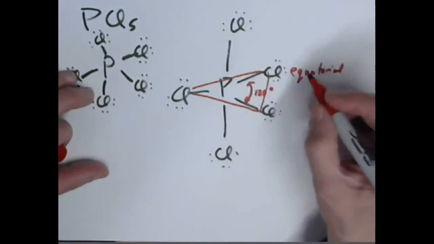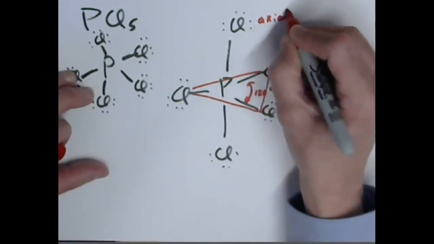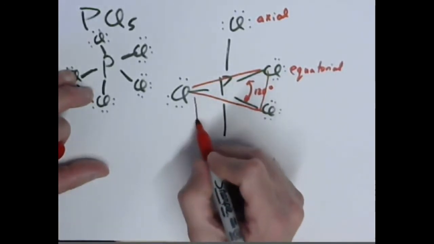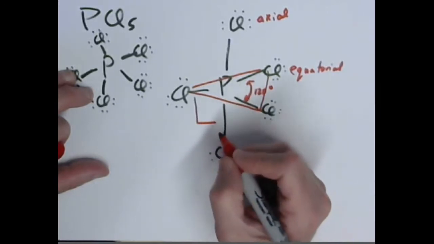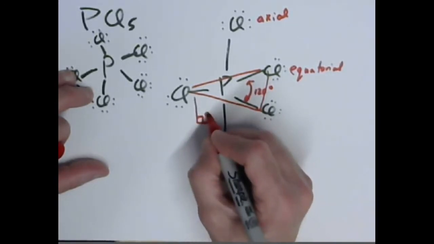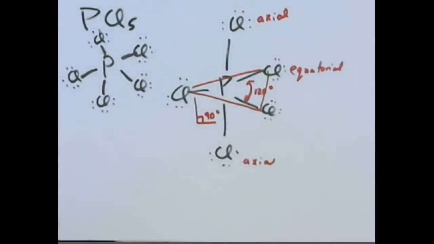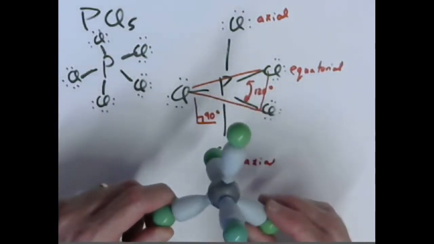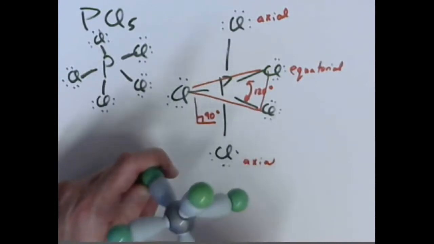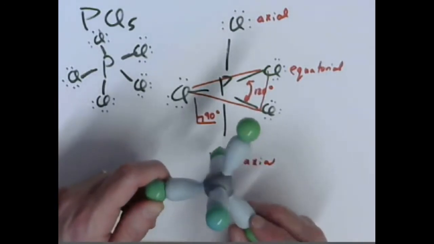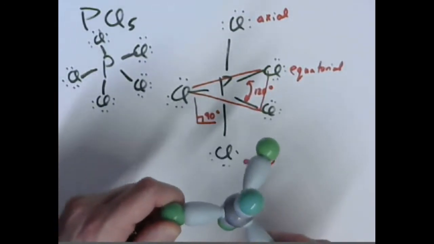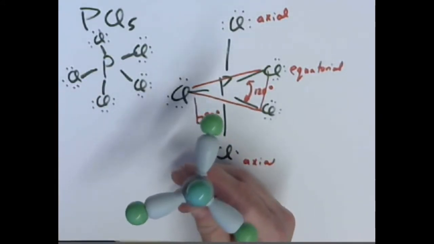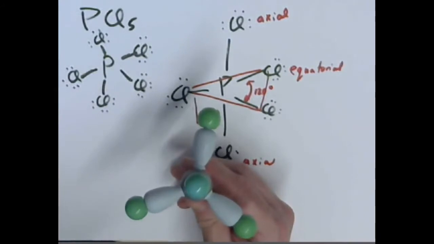Whereas the axial chlorines, we look at the bond angle between them and the equatorial chlorines, those are right angles. Those are 90 degrees. And so here's my 5 electron domain geometry. And looking down from the top, you can see these 3 angles.